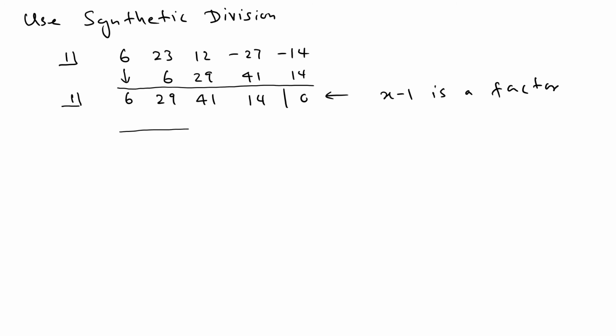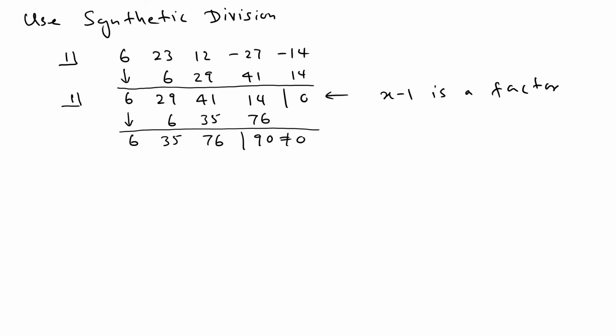So let's do that again. We copy 6 down and then add, you get 35. Then 35, add, you get 76, and then 76 you add here. It's very clear that this is not equal to 0.